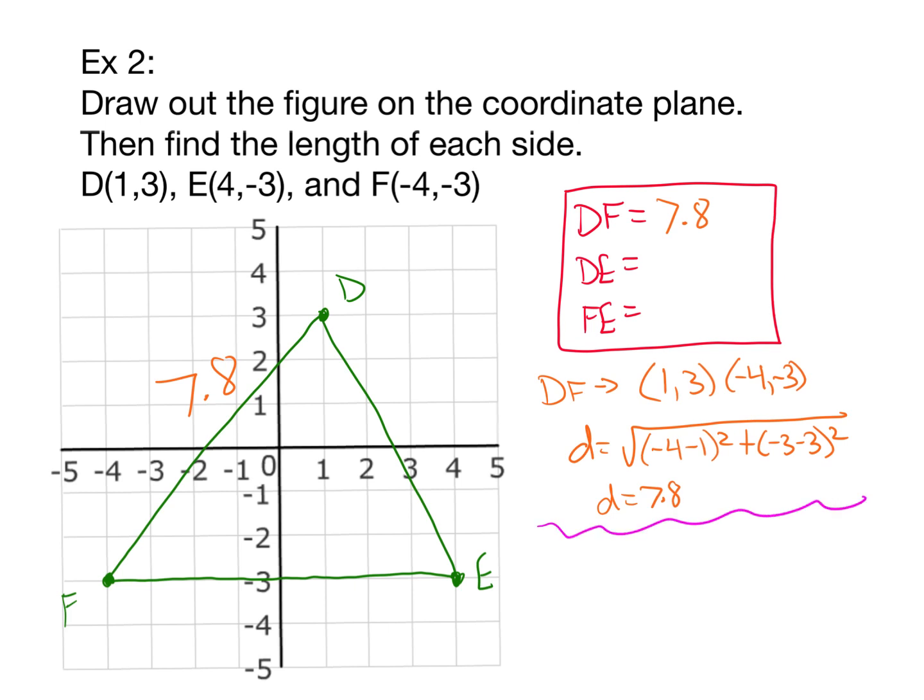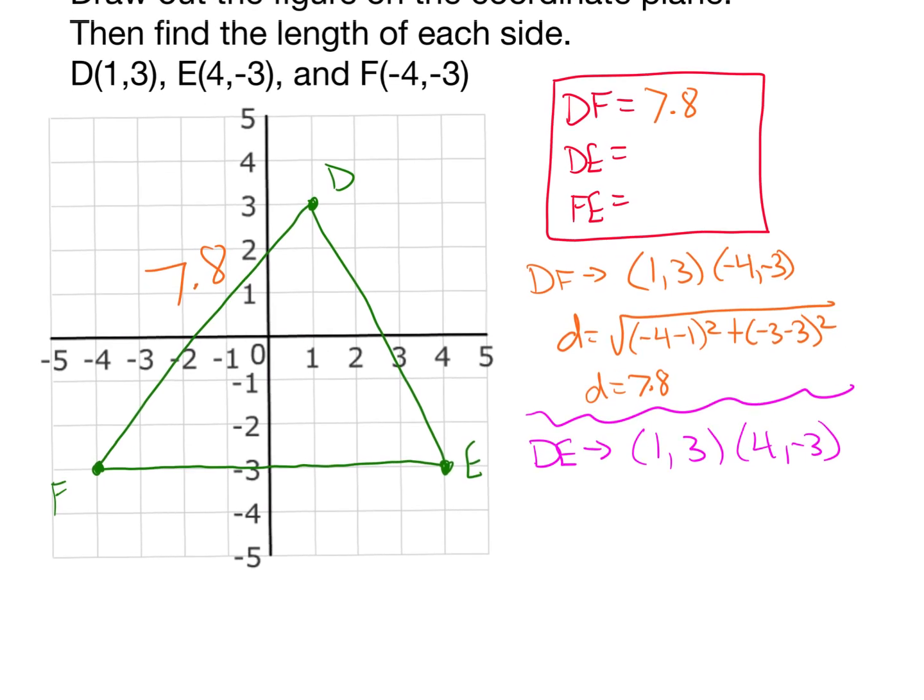DE. Distance or counting? Distance, because it's on the angle. So let's do 1, 3, and E is 4, -3. Let's plug that in. 4 minus 1 squared plus -3 minus 3 squared.